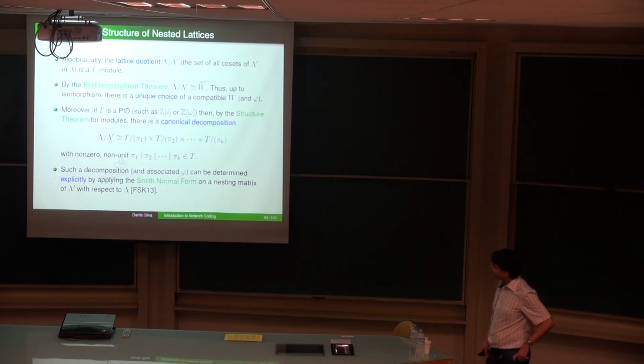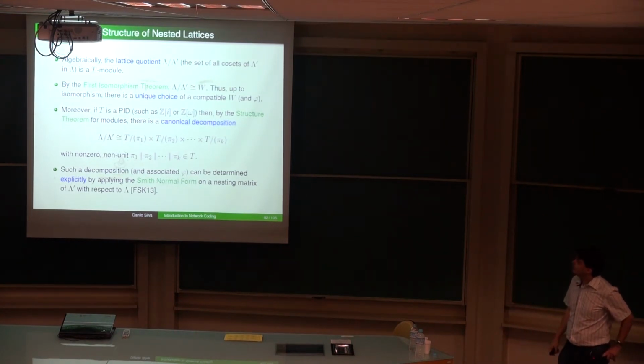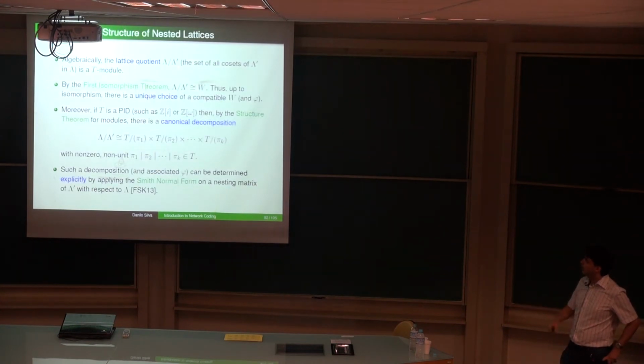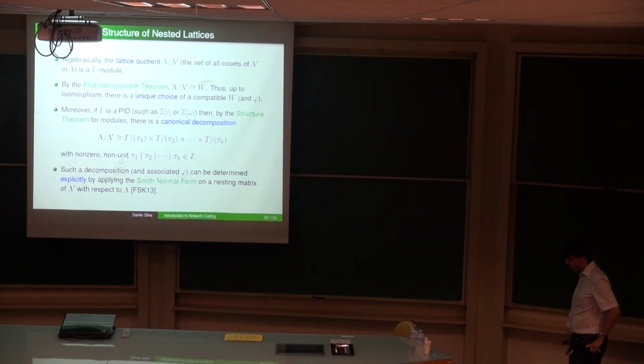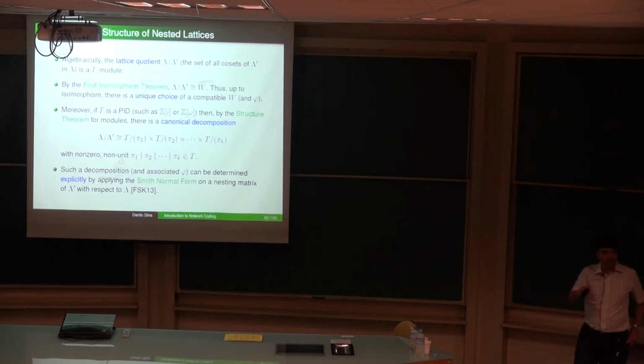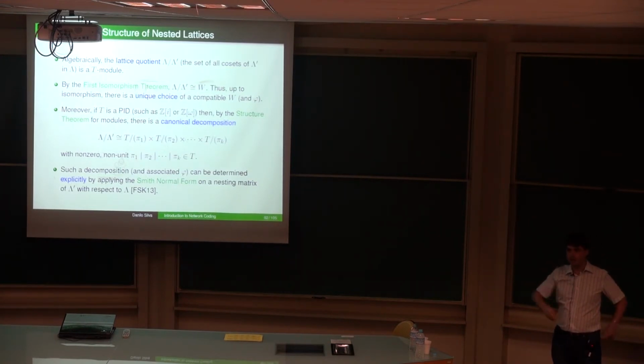Any other questions? So here is how you can find the algebraic structure of your message space. Just suppose you take any nested pair of lattices. How can you figure out the message space? A message space that is compatible with what you're trying to do. You cannot just take any lattices and use any message spaces that you want.